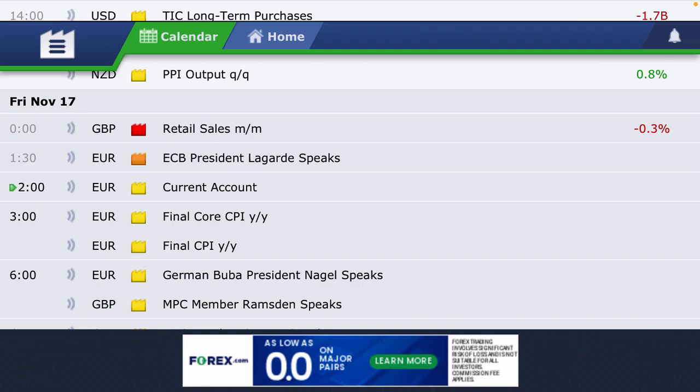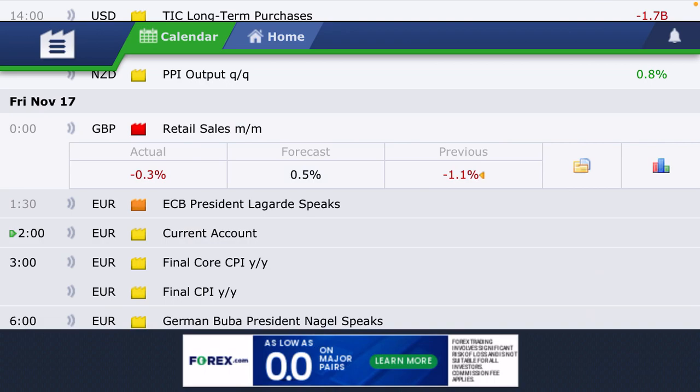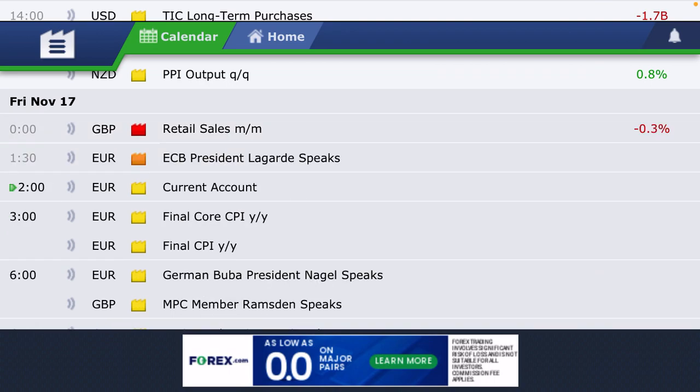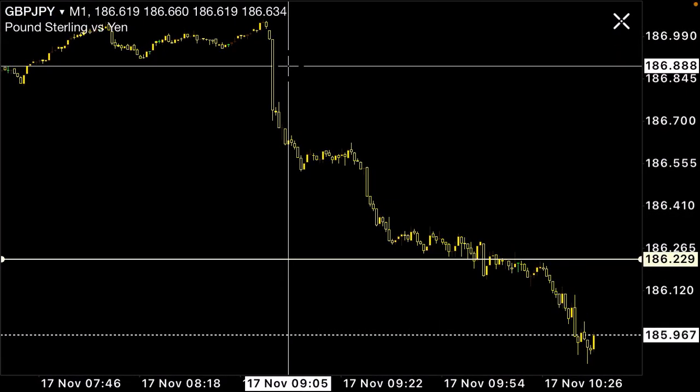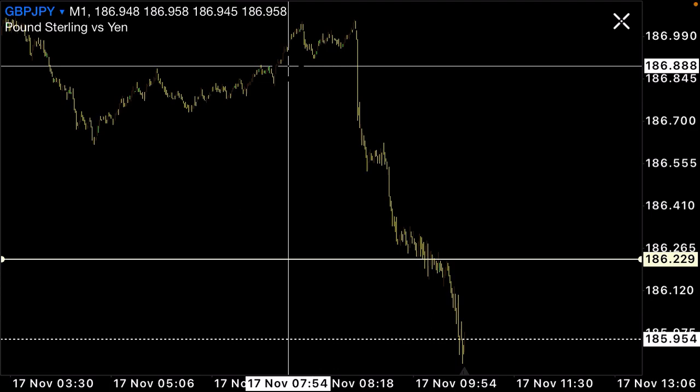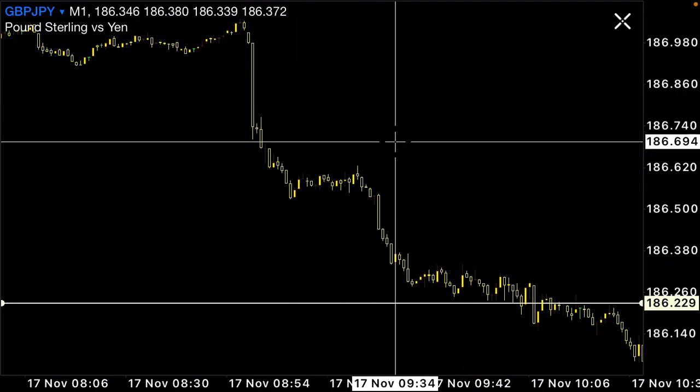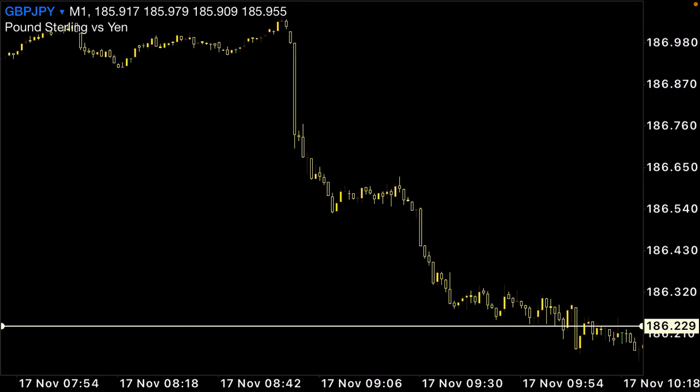So it came out minus 3%, which was in the red. In other words, the pound didn't sell very much products this month. So England didn't make very much money this month. They were 3% shy. So when that news hit, then it affected the pound currency.